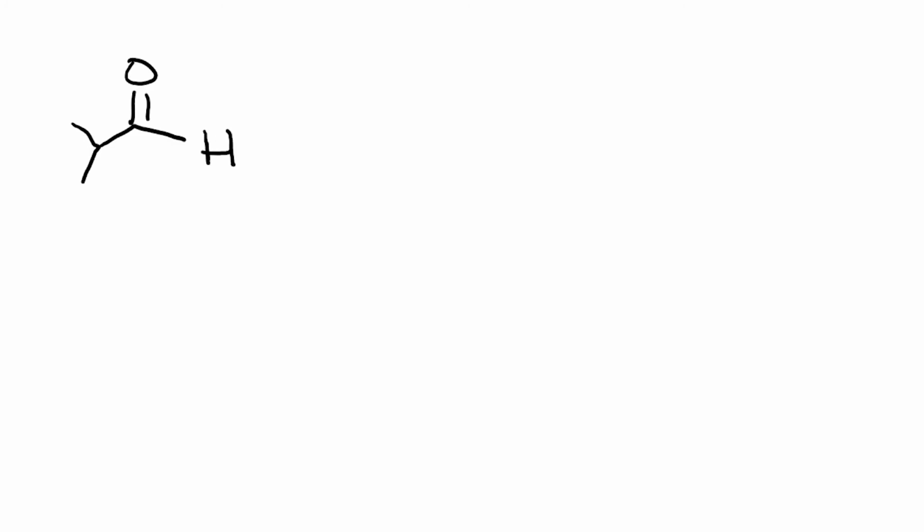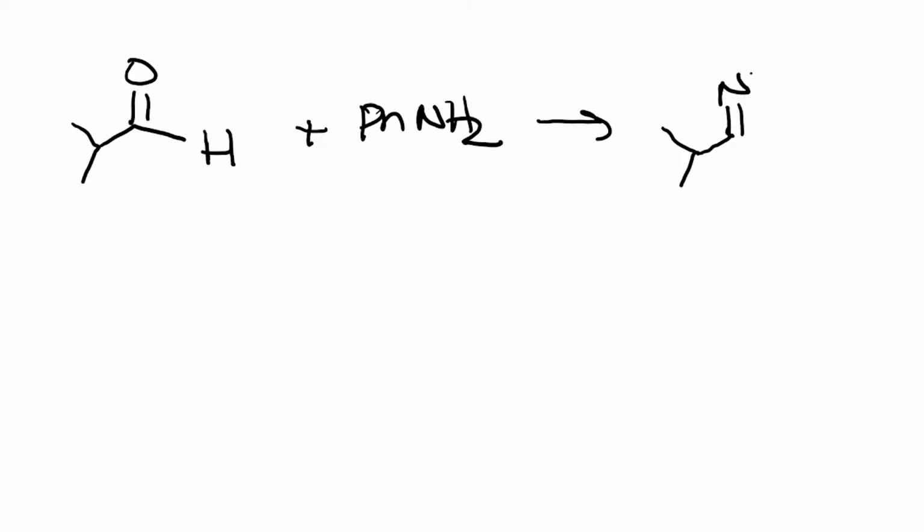So when I take an aldehyde and react this with, let's say, aniline, PhNH2, what we end up getting is an imine, which I'm hoping all of you are quite familiar with. But let me just go through a little bit of background here.